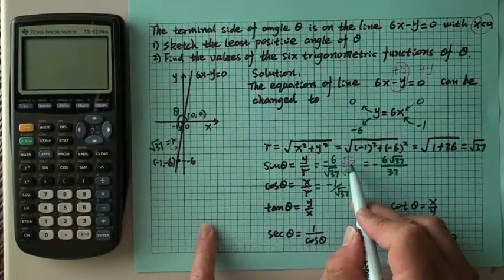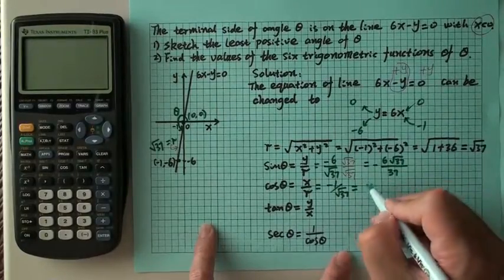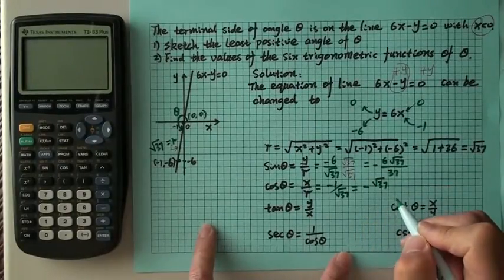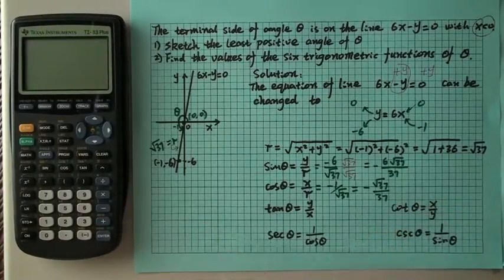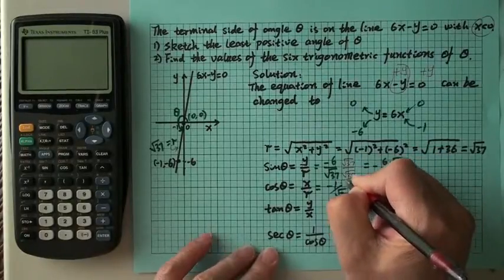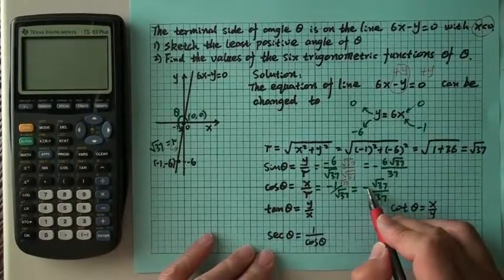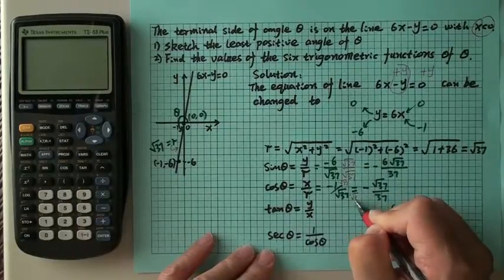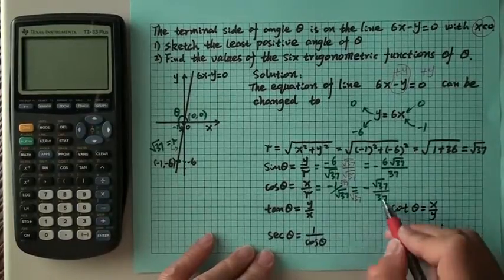The numerator, radical 37 times negative 1, will be negative radical 37, and the downstairs is just 37. If you want more details, negative 1 times radical 37 is negative radical 37, and downstairs is the same thing, radical 37 times radical 37, you have a 37 here.